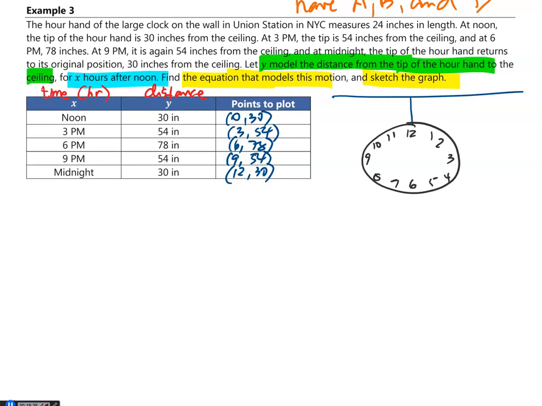Let's say this is the clock, and this length here is 30 inches, and that's why at noon, from here to here, is 30 inches. And if it's at 3 p.m., this is the clock, so from here to here, at 3 p.m. And at 9 p.m., the distance here is 54 inches.